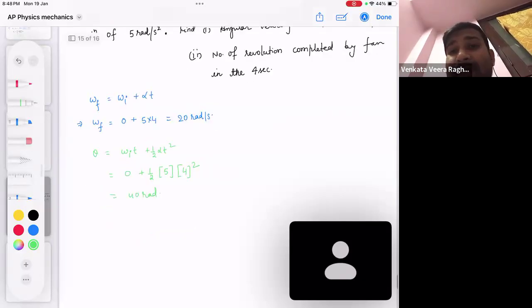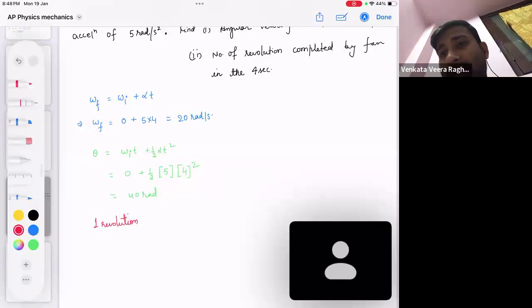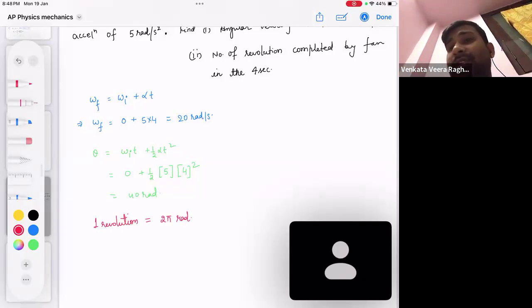So how do we convert it? The simple conversion is what? One revolution is equal to how much? 2 pi radian. Means if something completes one full cycle, one revolution, then it covers how much angle? It covers 2 pi angle. So that's why one revolution is 2 pi radian.